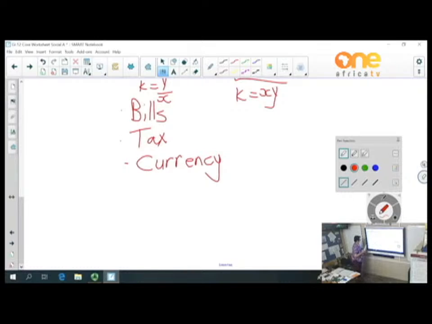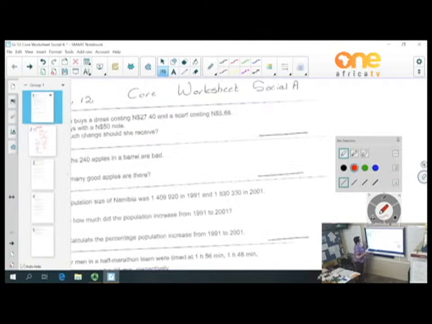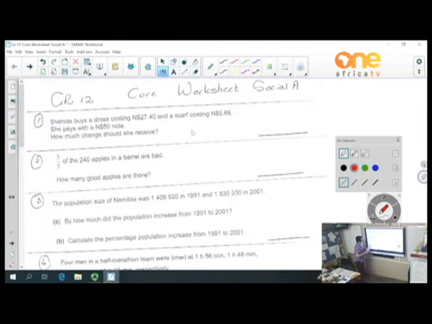So let's look at the worksheet. Right, so there's the first one now. Okay, Shahida buys a dress costing $27.40 and a scarf costing $5.68.